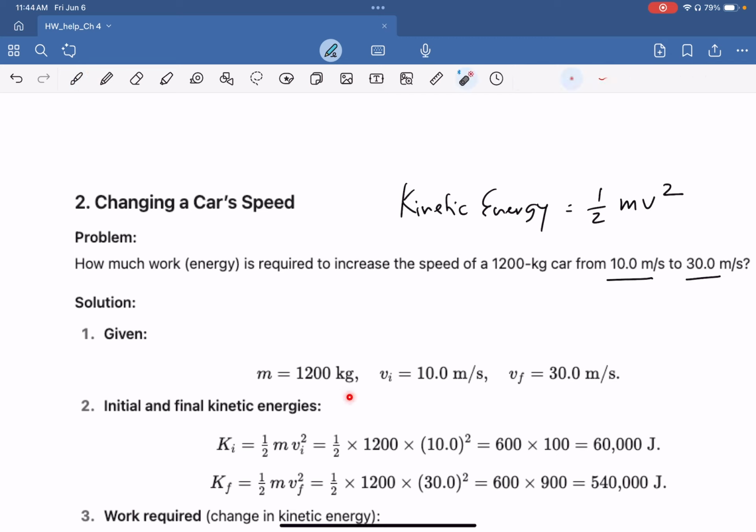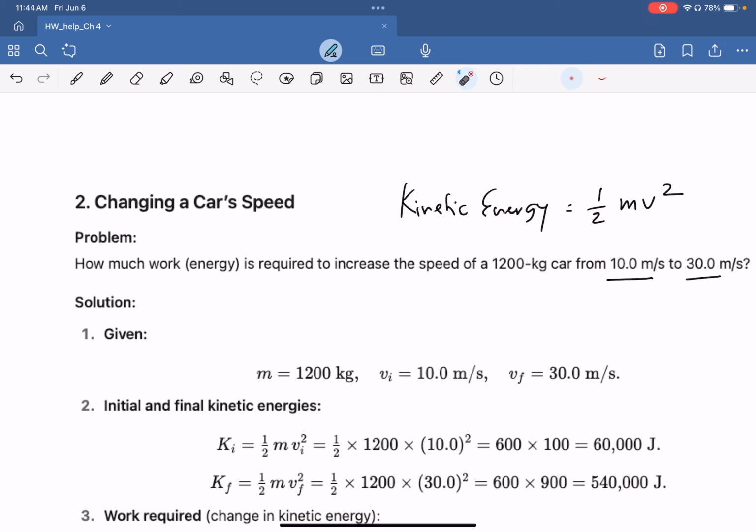So the mass is given, the initial velocity, and the final velocity. So first, let's find out the initial kinetic energy: 1/2 times mass times the square of the initial velocity, as you can see. Now 1/2 times 1200 is 600, and then 10.0 square is 100. That gives you 60,000 joules.